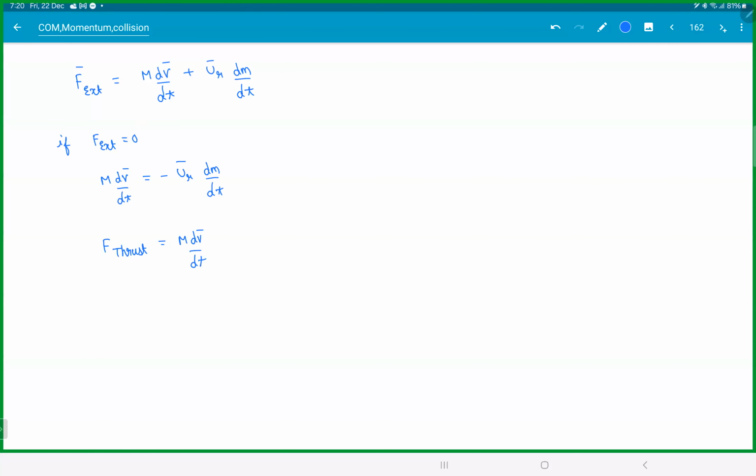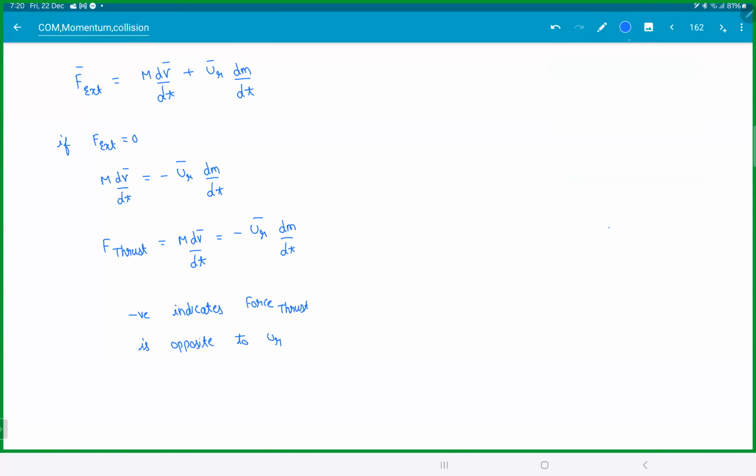So this is the force on the body because you are ejecting the mass. The negative indicates the force is opposite to the velocity with which you are pushing out. Kind of obvious. If you push the gas to the left, the force will be to the right.